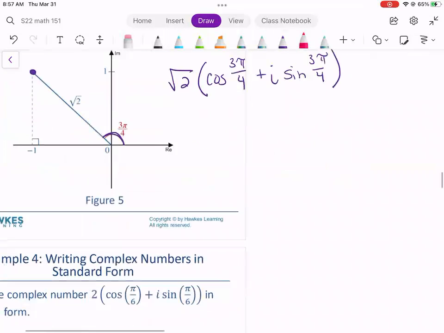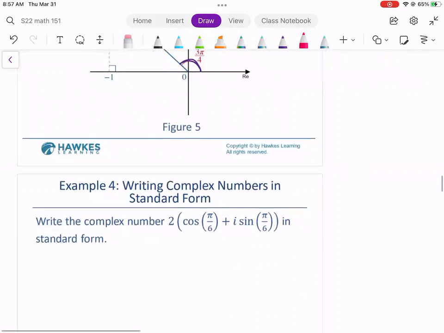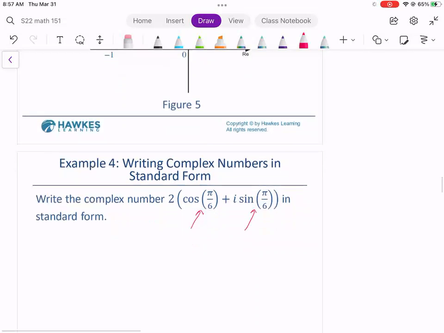Please do note that in this next example, we're going to write the complex number now in standard form. So we're going to go in the opposite direction. Notice the cosine is going to give us our a value and the sine our b value. We know that the cosine of pi over 6, remember that pi over 6 is the angle 30 degrees, which was one of our often used angles.